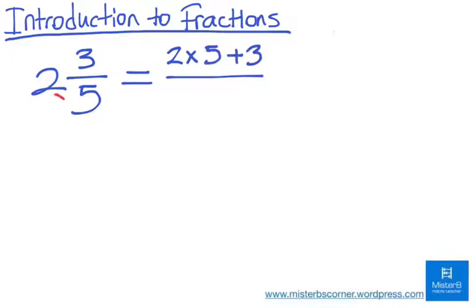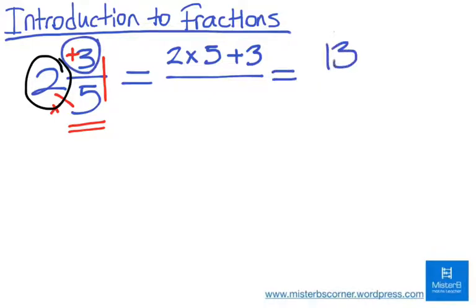So basically I multiply 2 and 5, and then I add 3 to it. The idea behind that is that the denominator is always the same, so I have two whole parts, right? So if I have these two wholes in 5 pieces, it will make 10 pieces, and then there are 3 more, so it's going to be 13, and then the denominator never changes, so it's going to be 5.